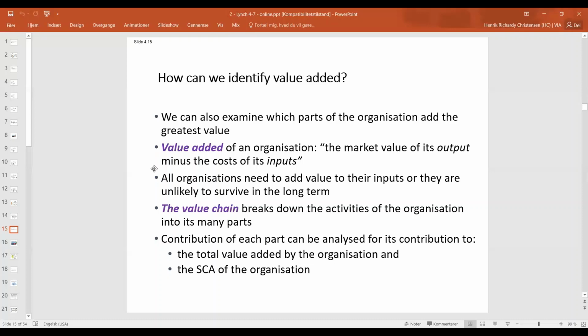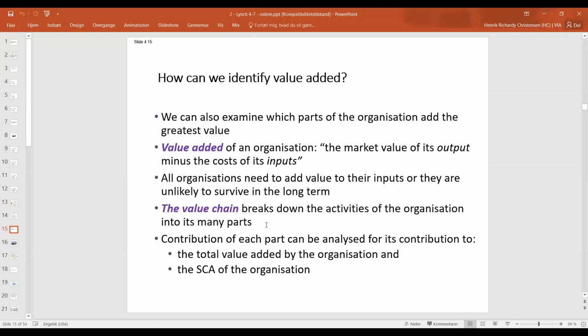And it's simply defined by Porter as the market value of the output minus the cost of its inputs. And then those of you who have had some accounting, etc., you would say, yeah, that's pretty much what we do every year when we are trying to figure out how much profit we have earned, and that is basically it. The point here is that Porter is trying to make us think about where it is that we are adding the value.